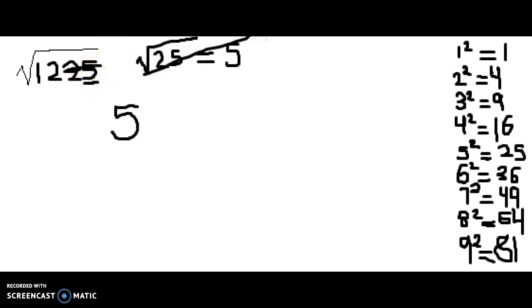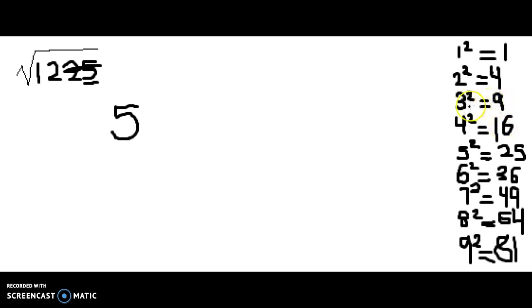So moving on, we know our last number is 5. Now we look at a square which is less than 12 but not more than 12. So if you look here, 1 is less than 12, but there is also something over here which is less than 12, but 16 is more than 12.